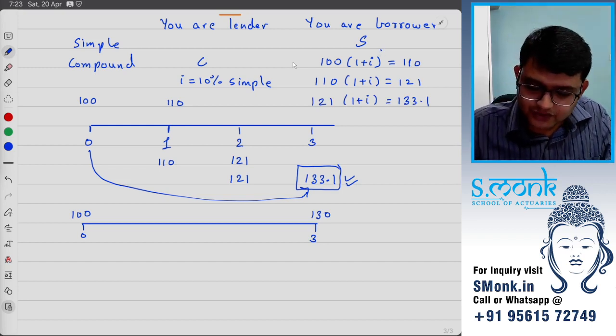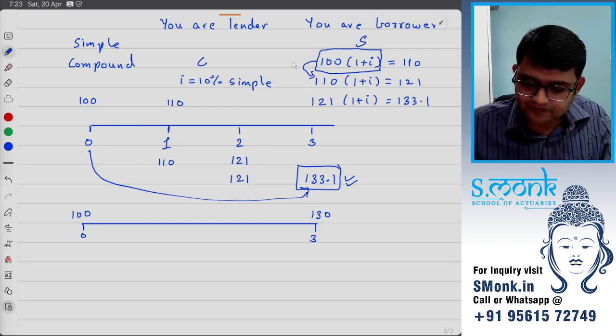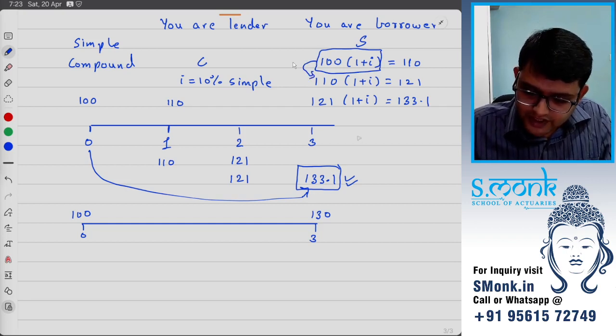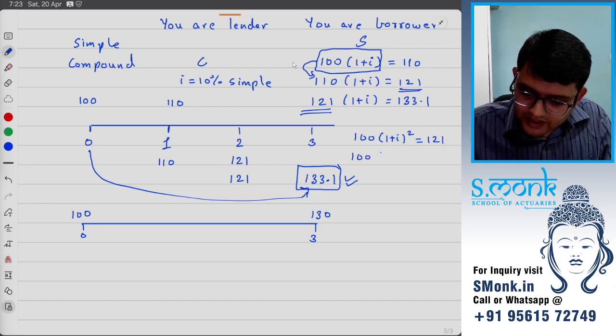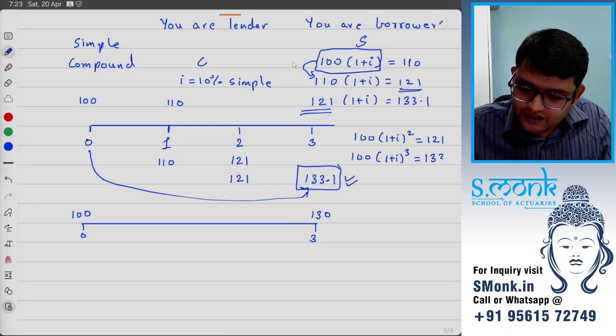Now if I just substitute here, what do I get? I get 100 into (1 plus i) squared giving me 121, and then again with this 121, I substitute it here and I get 100 into (1 plus i) cubed giving me 133.1.